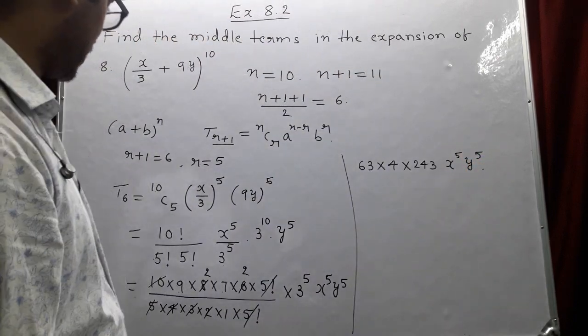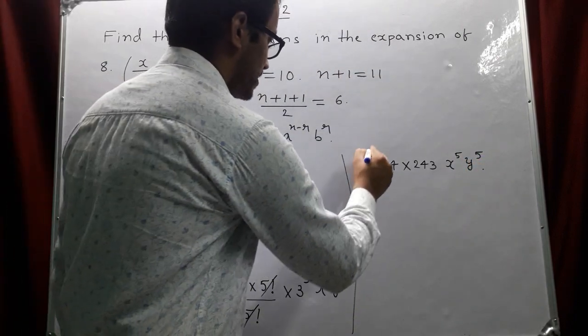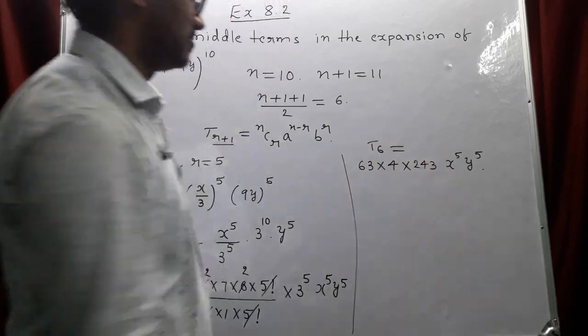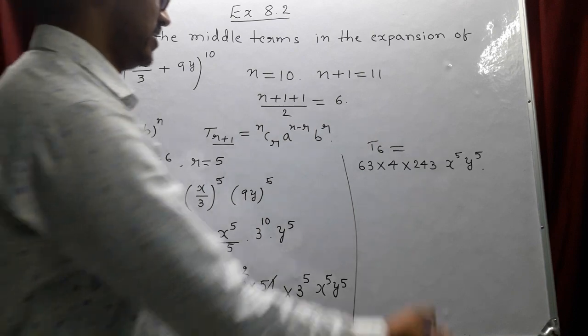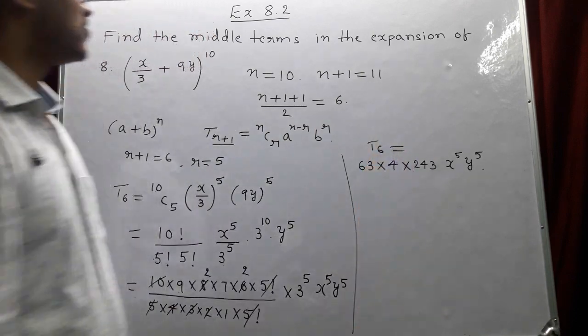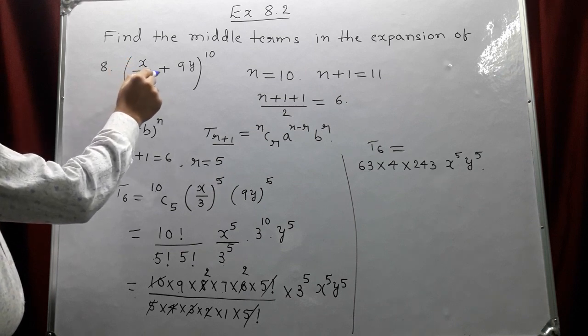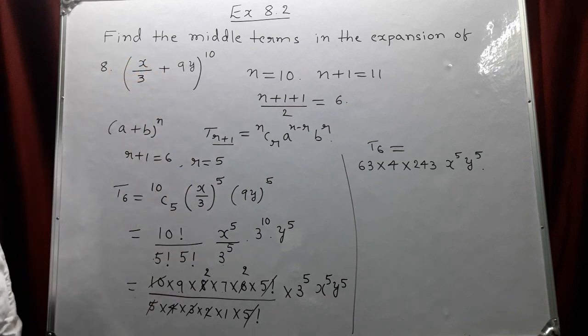So this is the sixth term, the T6 value. If you simplify this multiplication, you will get the sixth term, which is the middle term in this expansion (x by 3 plus 9y) power 10.